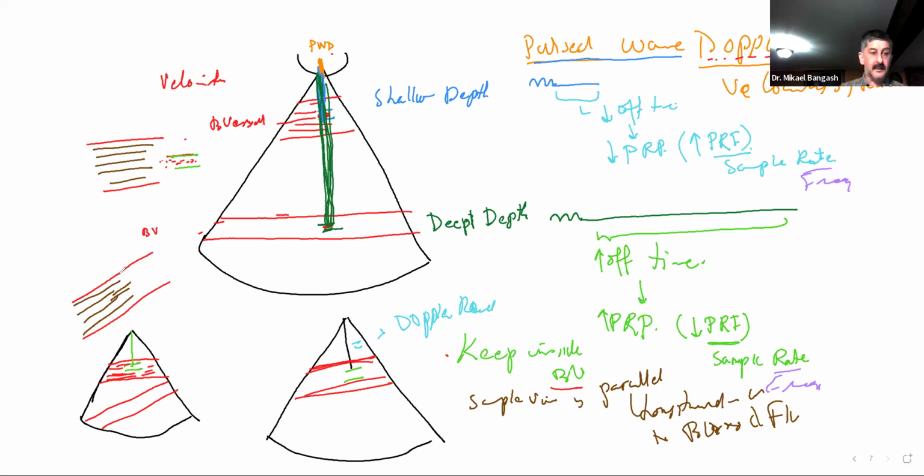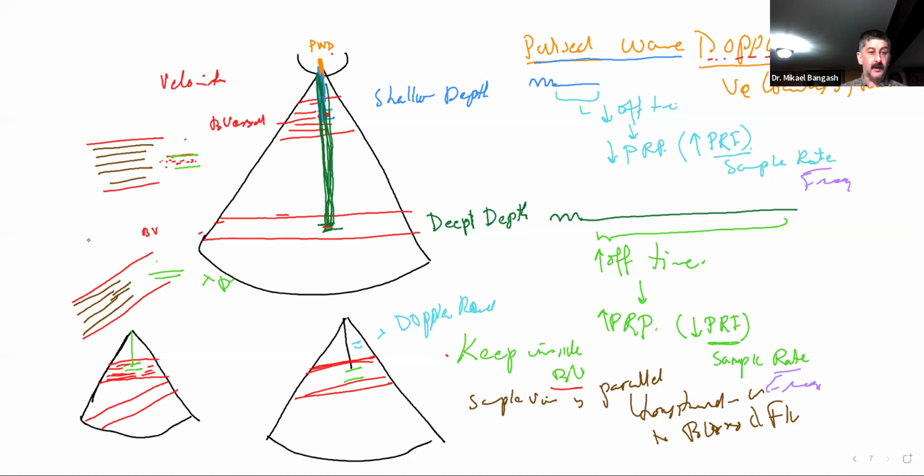Even though you kept the sample window inside the blood vessel, or you kept it like this, you're not going to get a good Doppler shift.